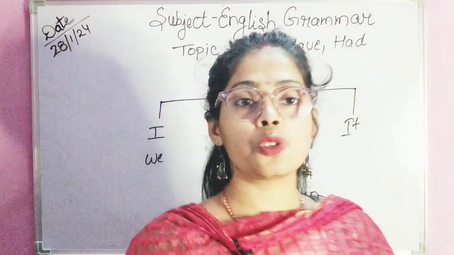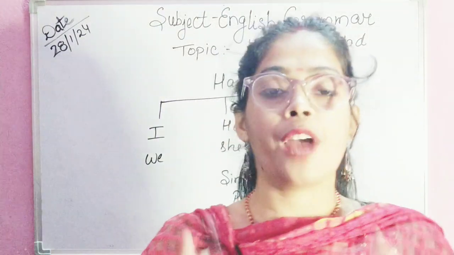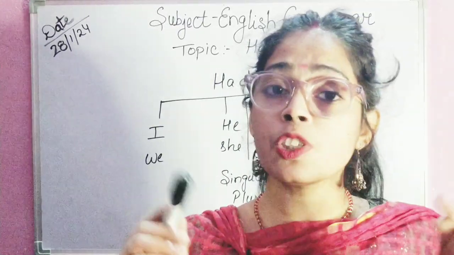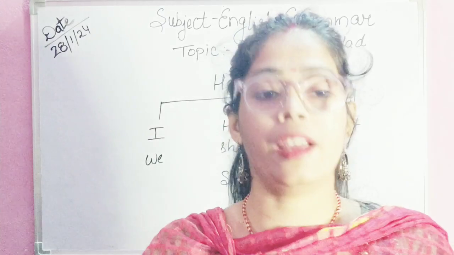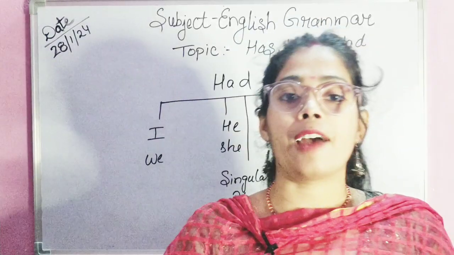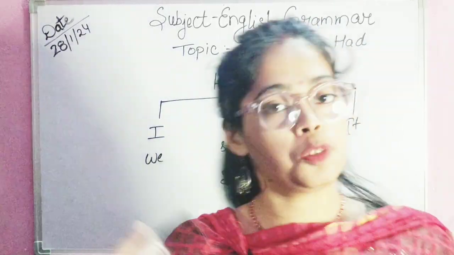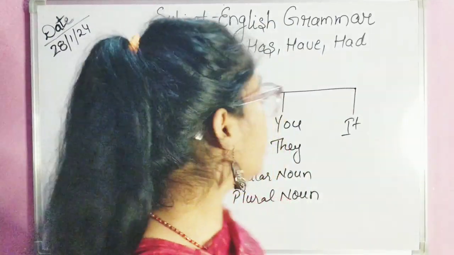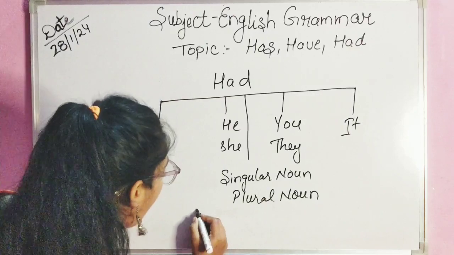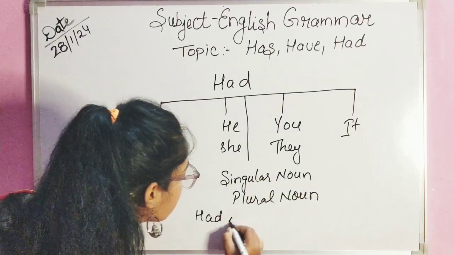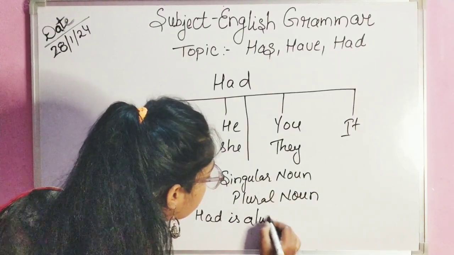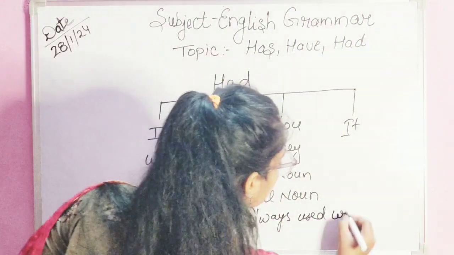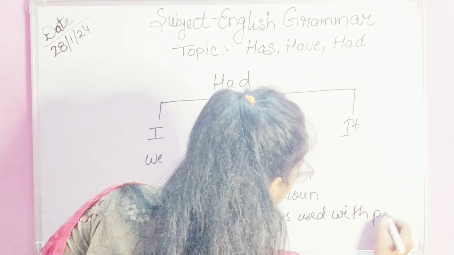Okay. Remember, students, has and have. Has and have is always used with present form. Present means जो आपका भी चल रहा है. Okay. So has and have is always used with present form, and had is always used with past. Okay. Had is always used with past.